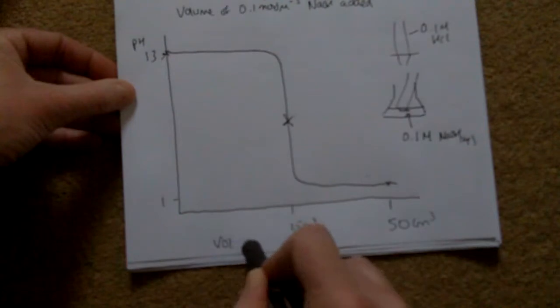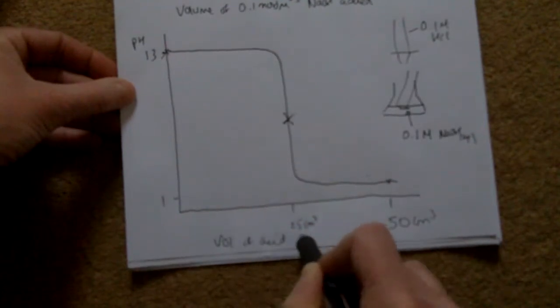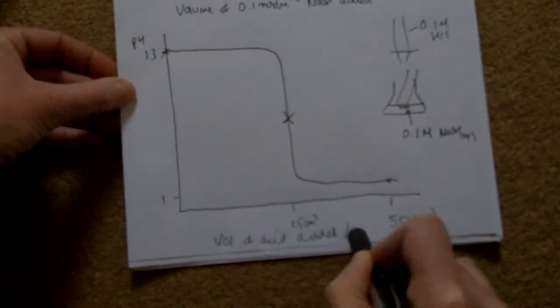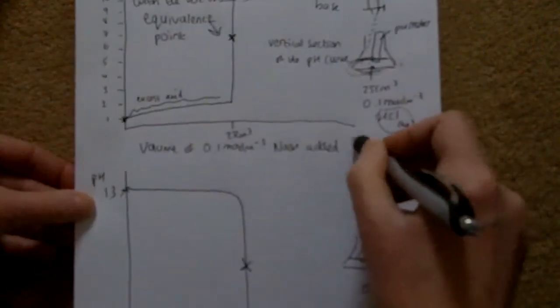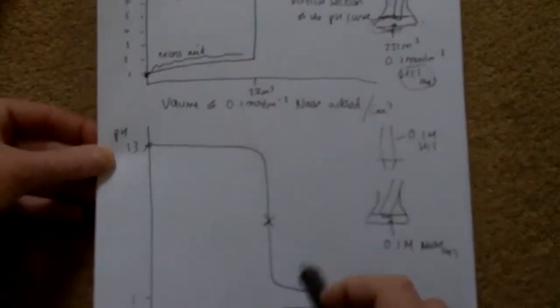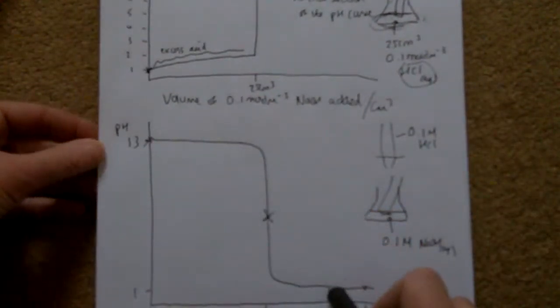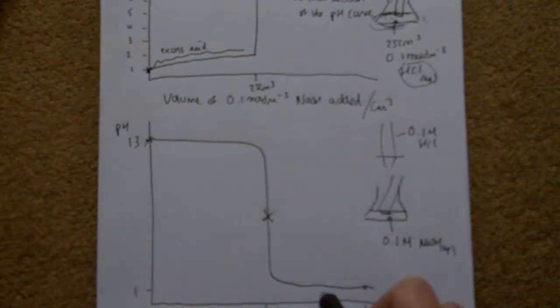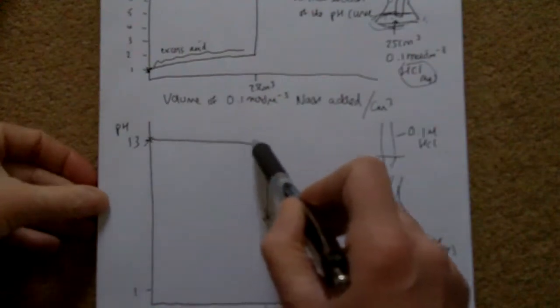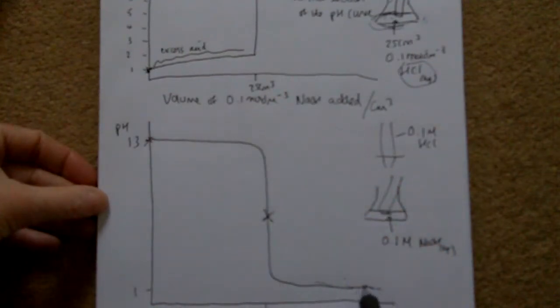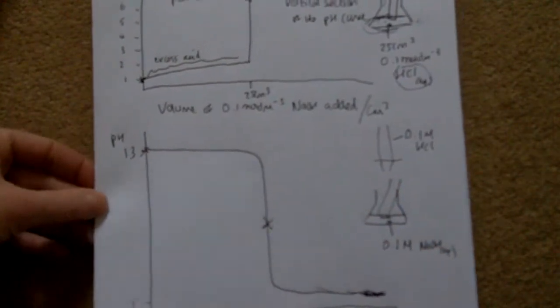So this is the volume of acid added, in centimeters cubed. Normally you stop at the end point, one drop and you stop. But this is just monitoring it carefully and going way past, adding more than what you need. So this is what a titration curve is.